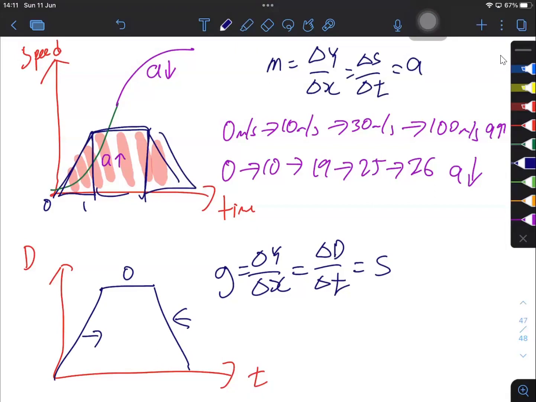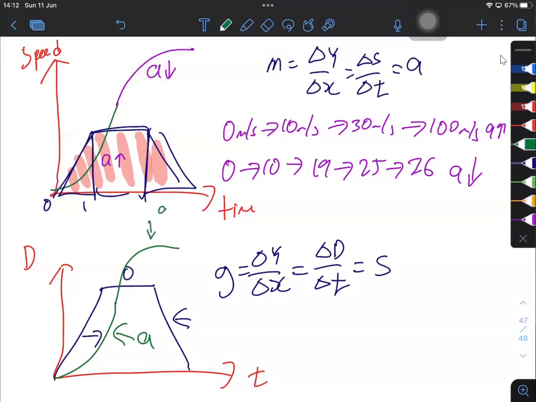And of course, once again, they'll give you changing gradients as well, right? Let's say, for example, if they have some curve like this and some curve like this, what does this part mean now in terms of the motion? Good, this is accelerating because you can see the increasing gradient, increasing speed, right?